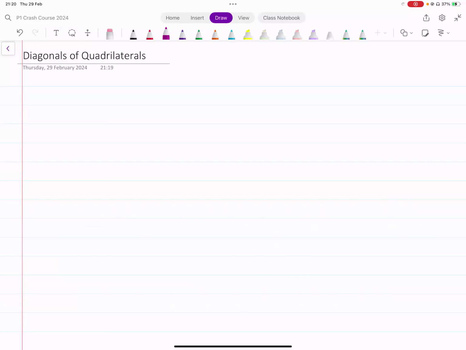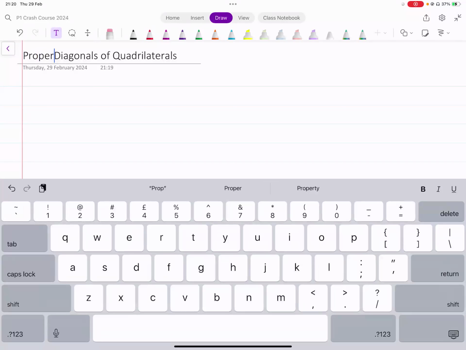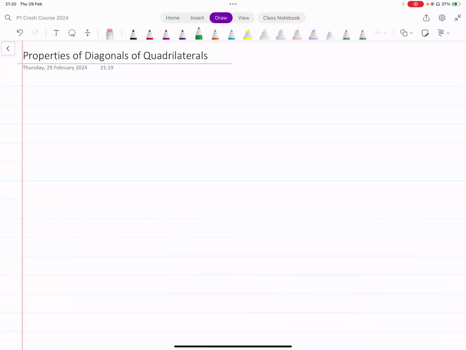That's what a quadrilateral is. So we need to understand how the diagonals of a number of different shapes are related, because the examiner expects us to know their properties. Properties of diagonals of quadrilaterals.